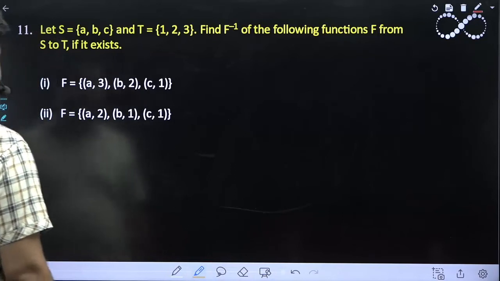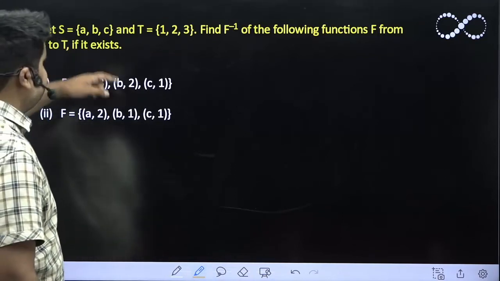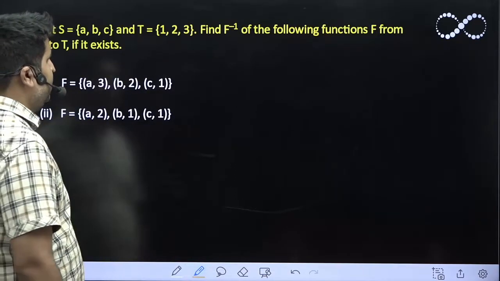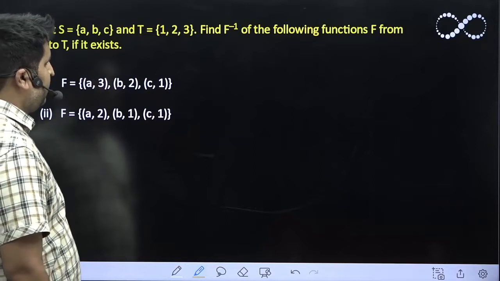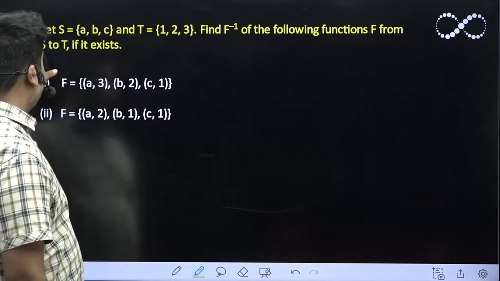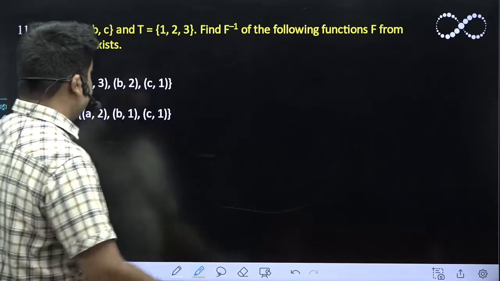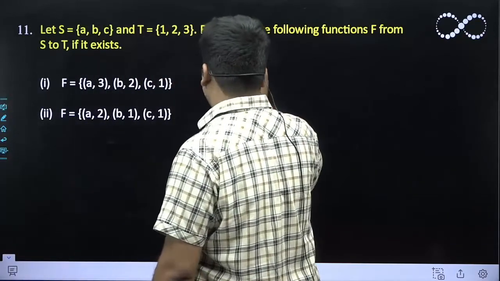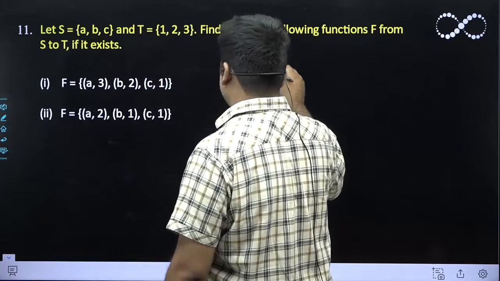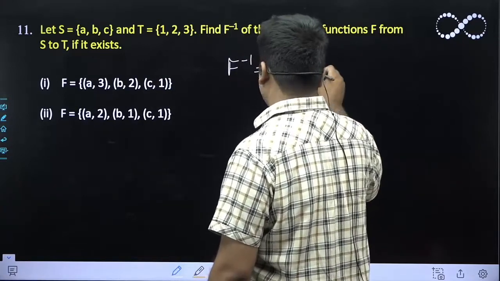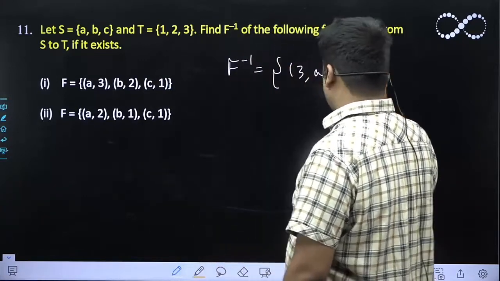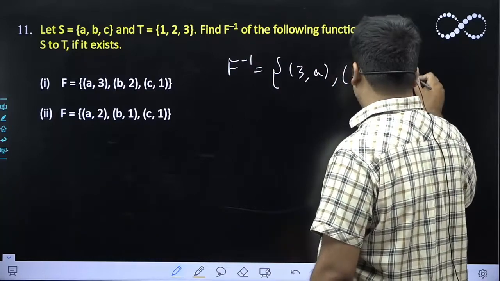Let S be a set {a, b, c} and T be a set {1, 2, 3}. Find f inverse of the following function f from S to T. In this case, if you need to find f inverse, it will simply be 3a, 2b, and 1c.